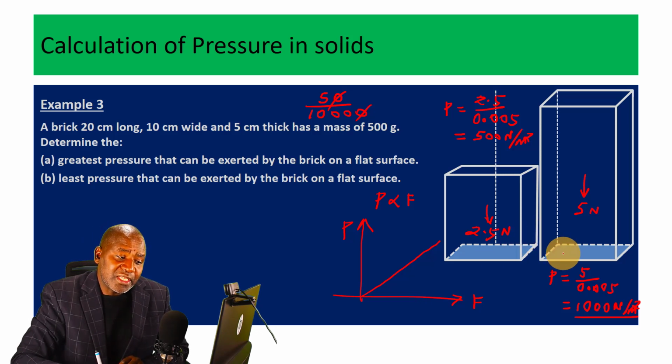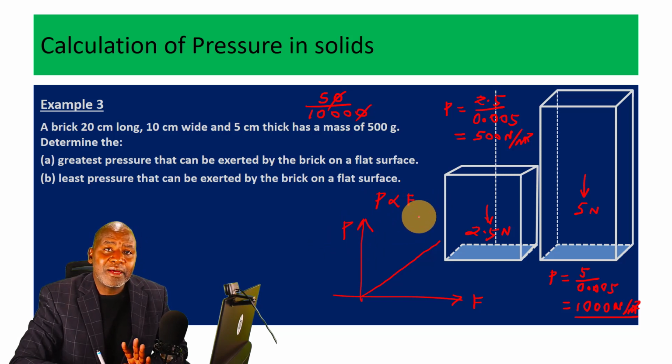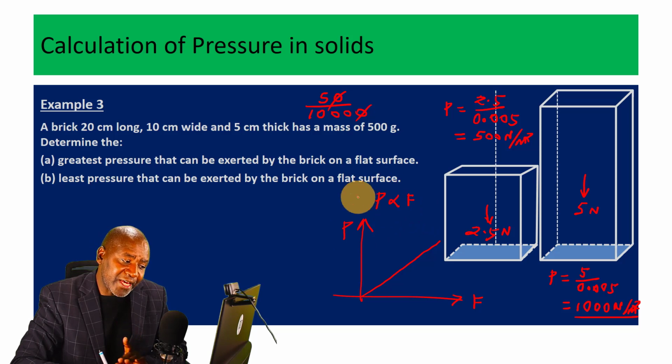There's something else that I should be able to mention here. In science, when we are investigating how a given physical quantity affects another physical quantity, we usually keep any other physical quantity that affects what we are investigating constant.